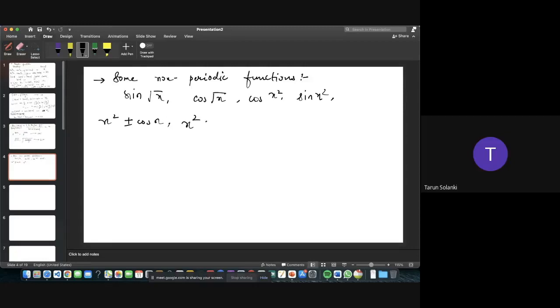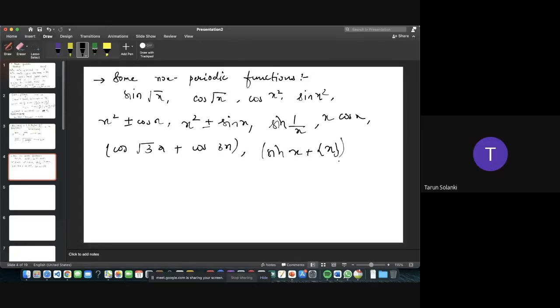Similarly, we have x square plus minus sine x, and sine of 1 by x. Similarly, we have x cos x, and we have cos root 3x plus cos 3x, and we can say more like sine of x plus fractional part of x. Similarly, sine of x plus x minus of this x, 1 by x.